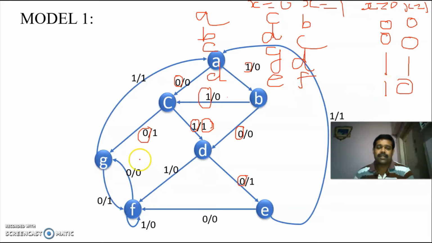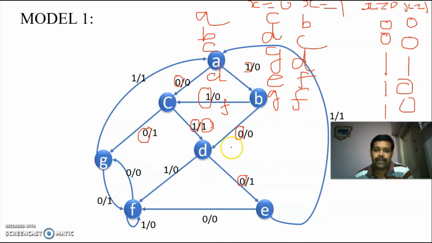0. Then you are in F, when you are providing input 0, it is going to G, output is 1. When you are providing input 1, it is in the same F, and the output is 0.